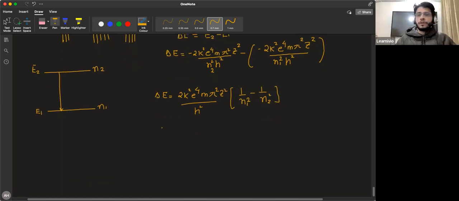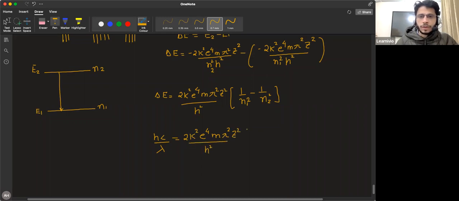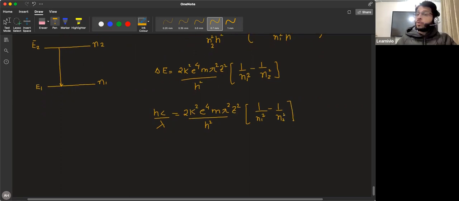I want to calculate wavelength. So delta E, I can write hc by lambda is 2k square e to the power 4 m pi square z square by h square, 1 by n1 square minus 1 by n2 square. I need 1 by lambda.